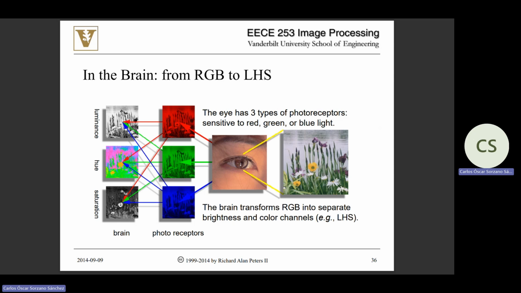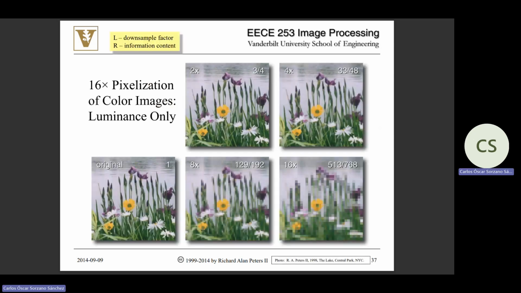Internally, we don't know what the transformation is, but what we know is that somehow it separates the intensity from the color. So somehow all this information is combined into a kind of luminance signal, and the color goes separate to the luminance. So the brain sees differently from the eye.